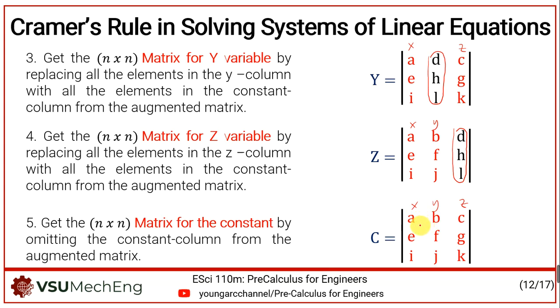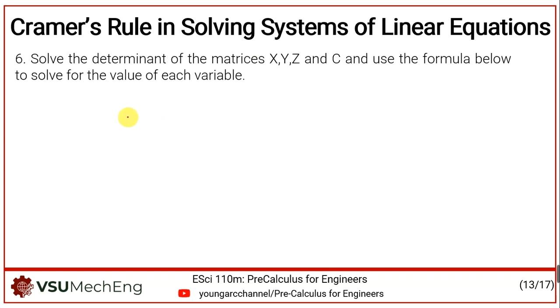It must start with the first column for the coefficients of x, the second column for y, and the third column for the third variable that appears in the given system of linear equations. It is not allowed to interchange these elements: x for x, y for y on the second column, and z for z on the third column. And once you generate these matrices, the next step is to solve for the determinant.